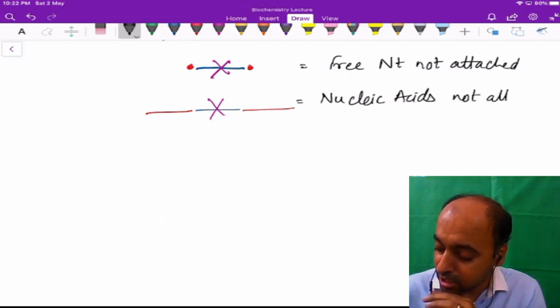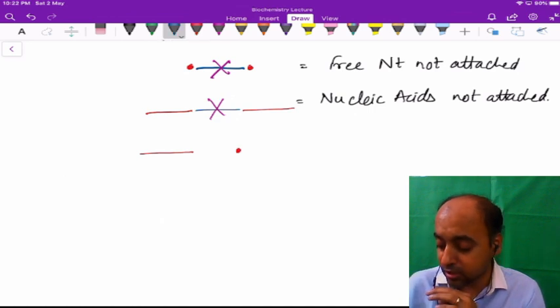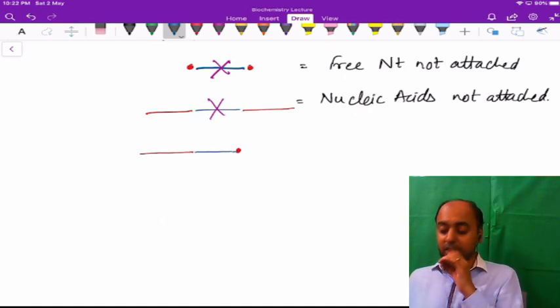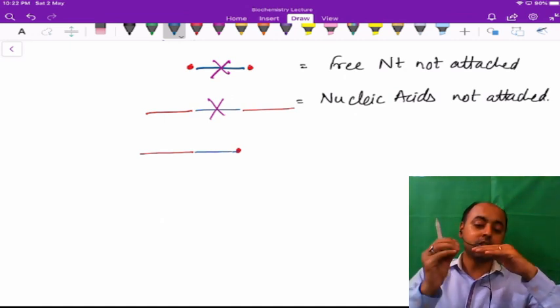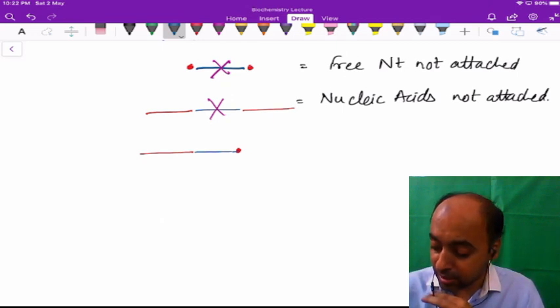Then what is the action of the DNA polymerase? The DNA polymerase will ask you, okay, do you have one big child and one small child? Say yes. Then he says, okay, I'll work for you because I can make use of the older one to take care of the smaller one. So basically the older one will be stable, it is a bigger molecule, and to this the free one can be captured and attached. So what is happening here?